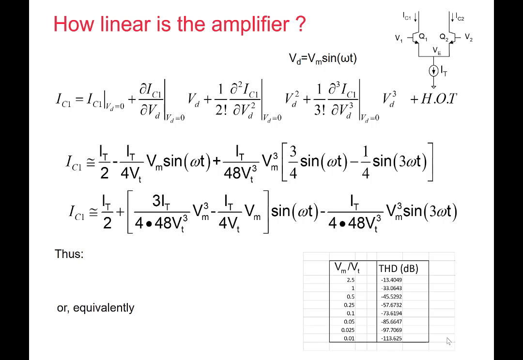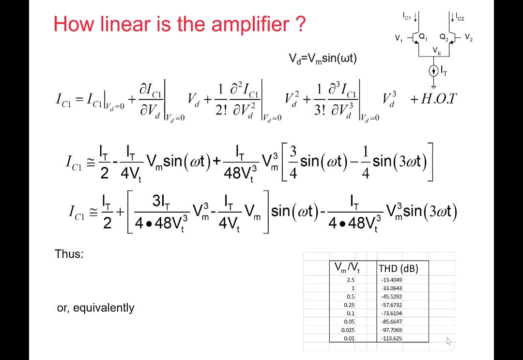So the tail current won't affect linearity. In fact, if I look at the THD, I see it's only a function of Vm over Vt. So it's strictly a function of the magnitude of the input.